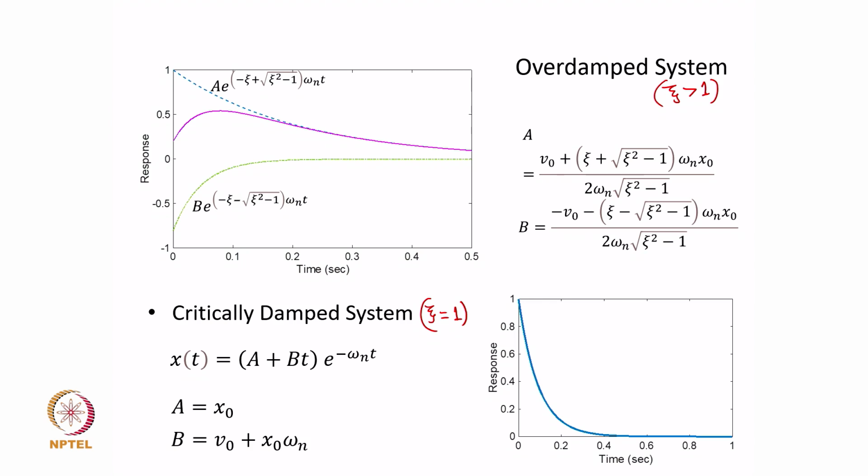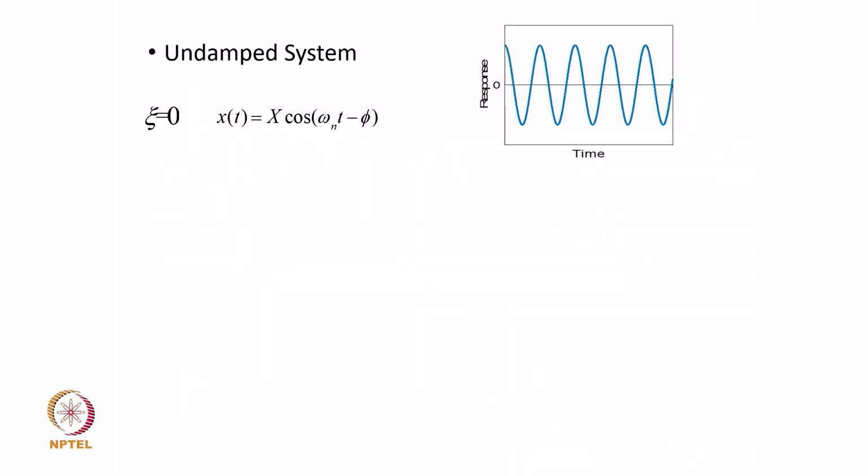Okay. So, as you see, the response does come to the mean equilibrium position much faster as compared to a case where the damping factor zeta is way more than 1 or much larger than 1. Okay.